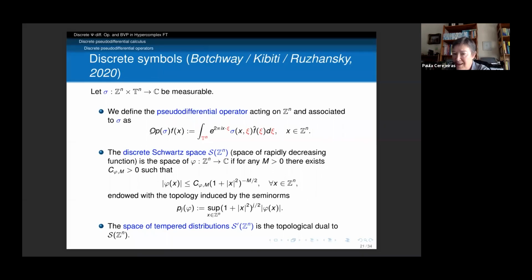So you can define the operator in the standard way. You have to use the discrete Schwartz space in terms of the semi-norms given here, and you use the space of tempered distributions, its topological dual.